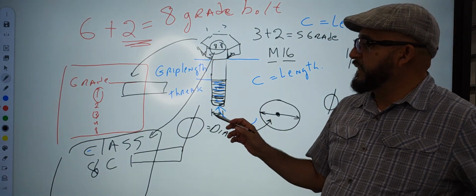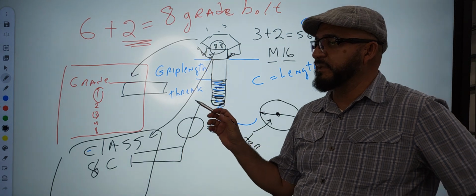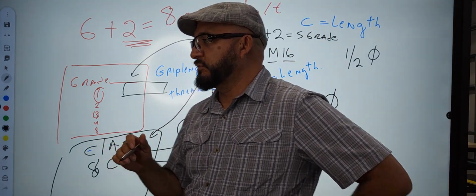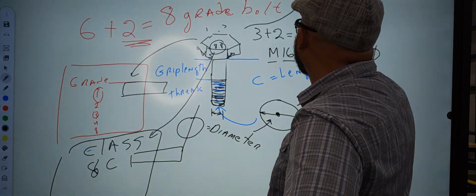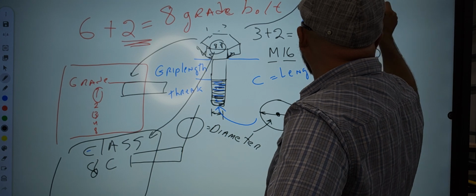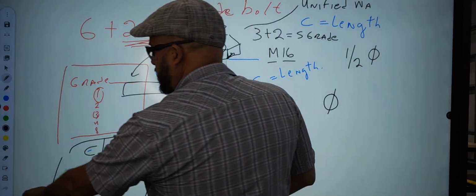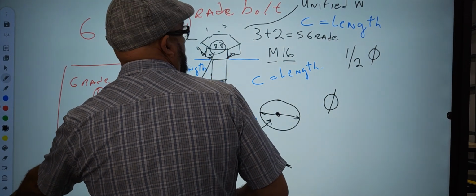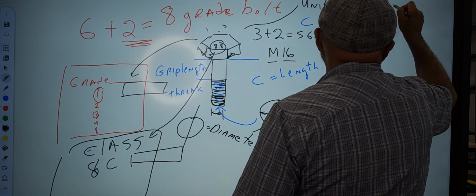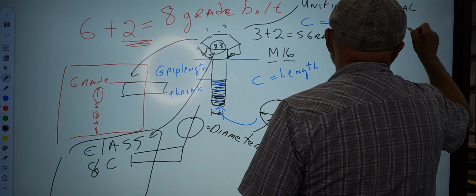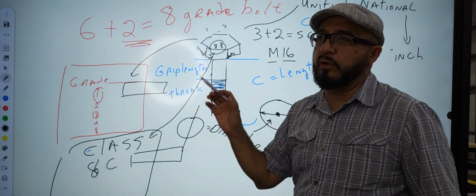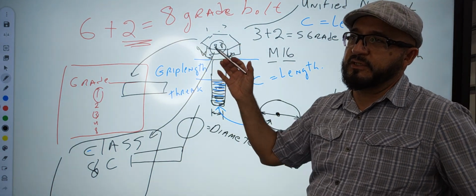The other system, the American so-called system, is also called the Unified National. Let me erase that, that looks like a Washington. That's the American inch system for the bolts, for all the labeling and all the standards.